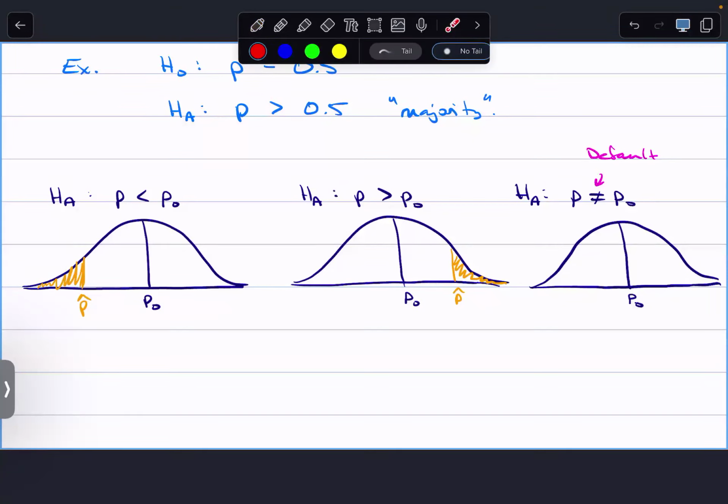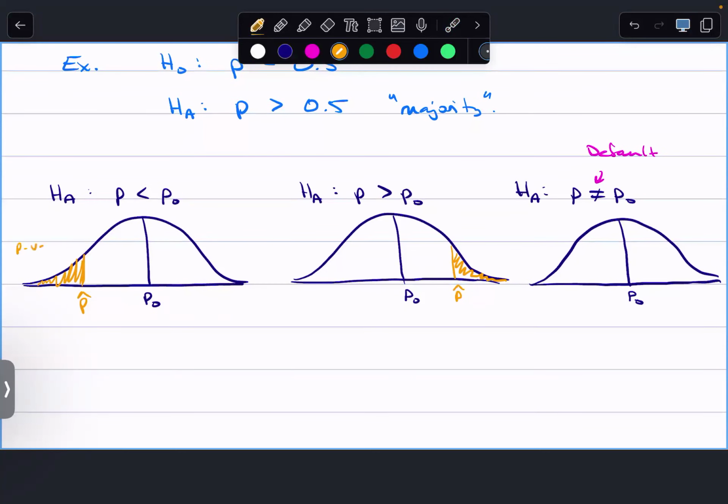So what you want is to find this area, and that's going to be your P value. I'll write that because that's good. So the P value is going to be those areas, depending on what the alternative hypothesis is.